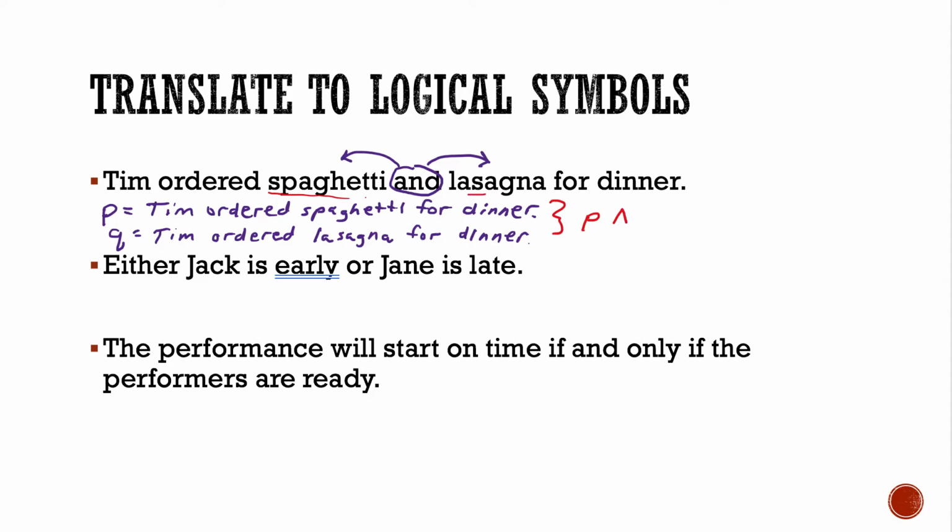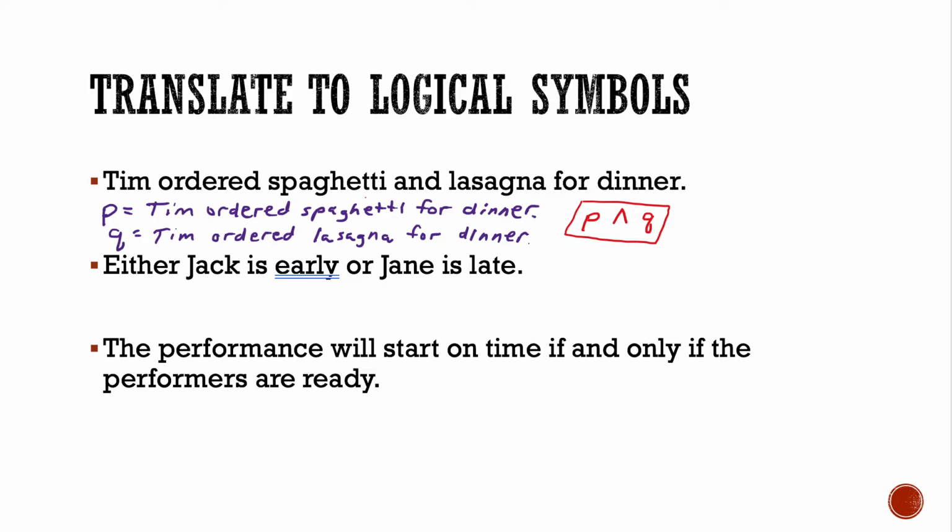And then the other statement, simple statement, is going to be the lasagna part, which is the Q. Okay, so this is the answer. But in order to have that, you also need to identify what is the P and what is the Q. All right, so not only do you want to write P and Q like we did right there, but you also want to write what P is and what Q is.